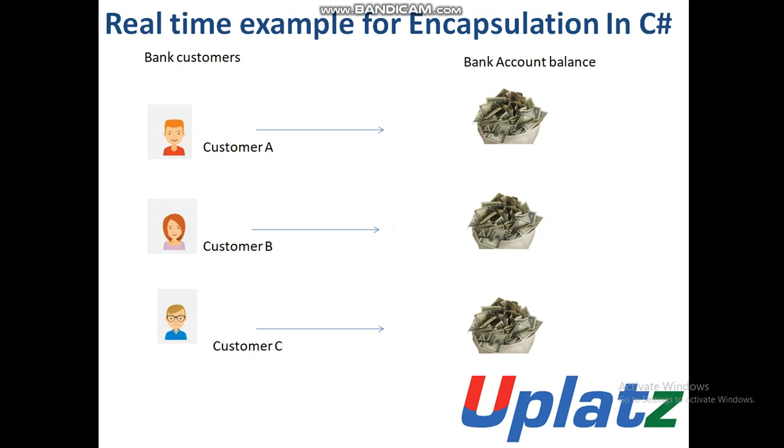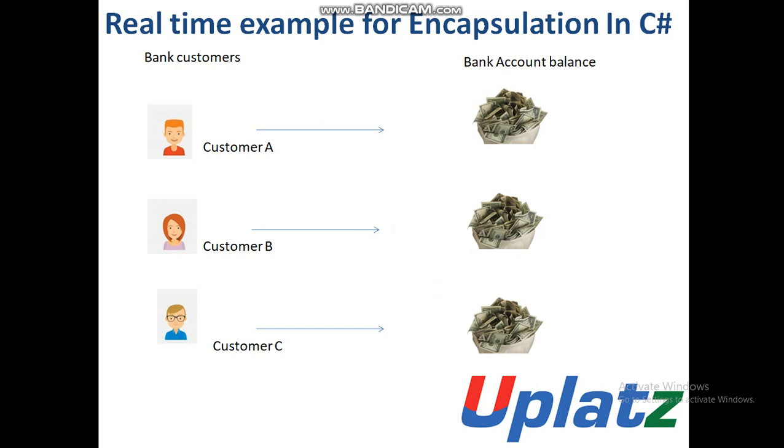Suppose the account balance is public and visible to all. Then customer A would be able to see customer B and C's account balance. That is not correct. In order to avoid that, we bring in the concept of encapsulation and make the account balance private.